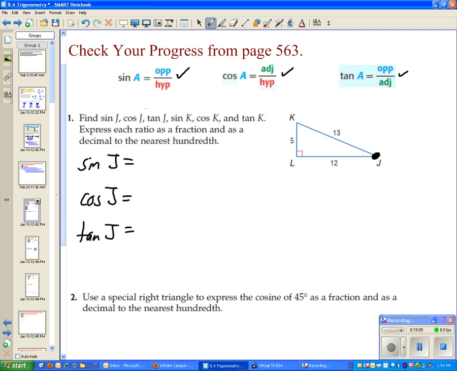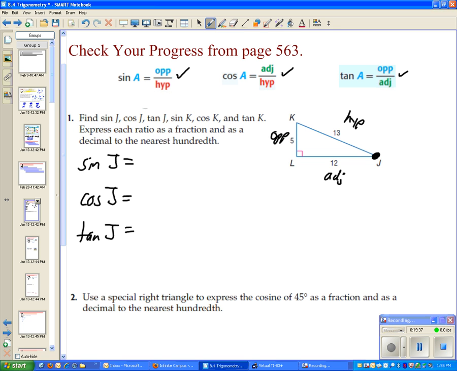Which one's the hypotenuse? And for point J, which one's the opposite leg? Which one's the adjacent leg? Don't get adjacent and hypotenuse confused, because they both are next to point J, but the hypotenuse is the hypotenuse, and adjacent means adjacent leg. So don't get those confused.